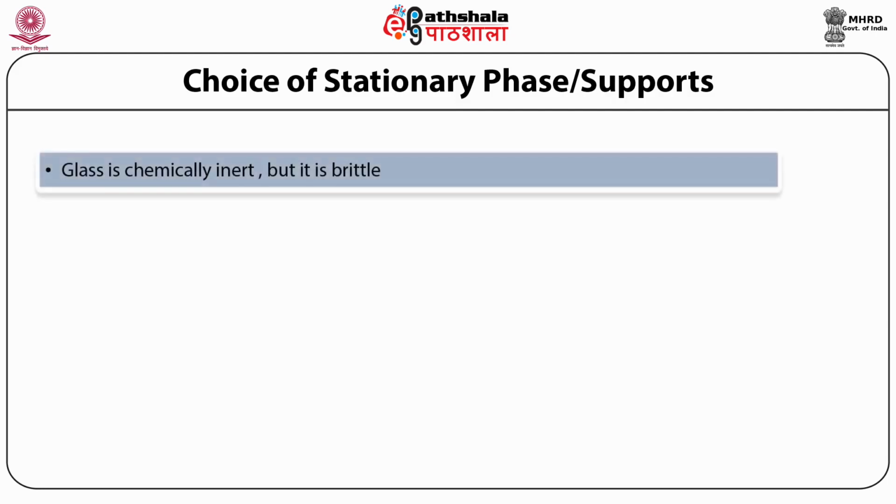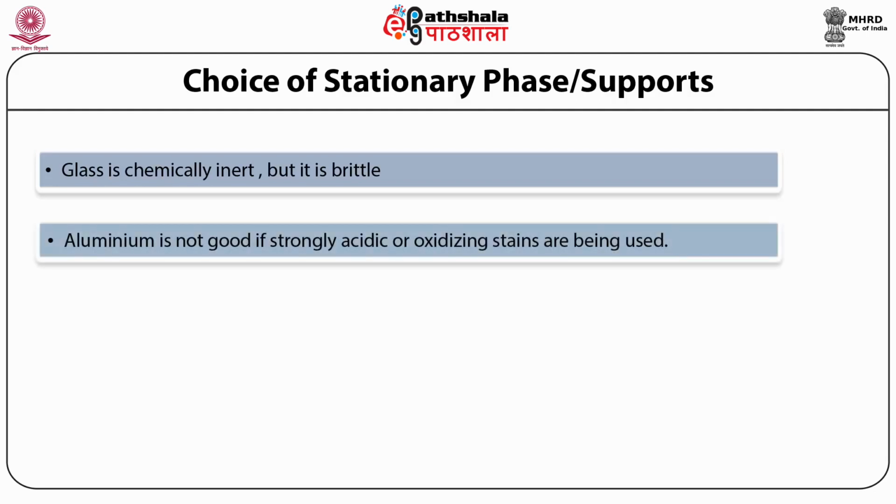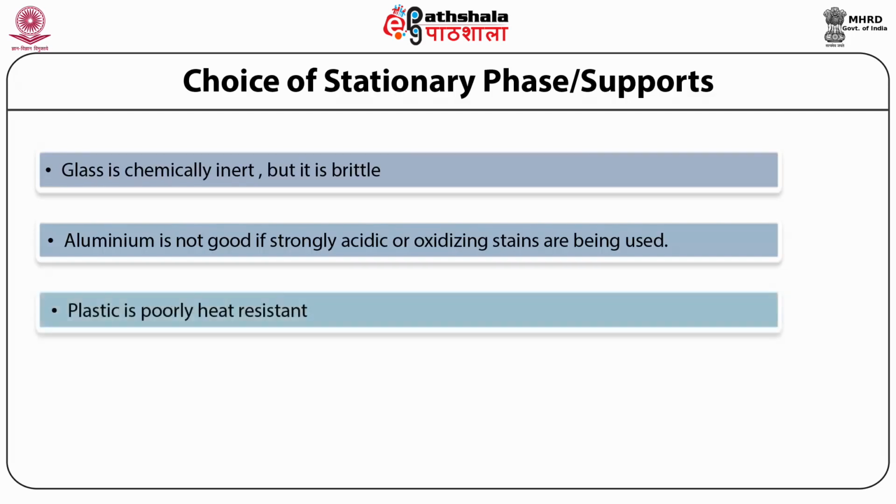Glass can be used as a support, so can aluminium and also plastic, but each of these has its advantages and disadvantages. The glass is chemically inert, but it is brittle. Aluminium is not good if strongly acidic or oxidizing stains are being used. And plastic, as expected, is often poorly heat resistant.